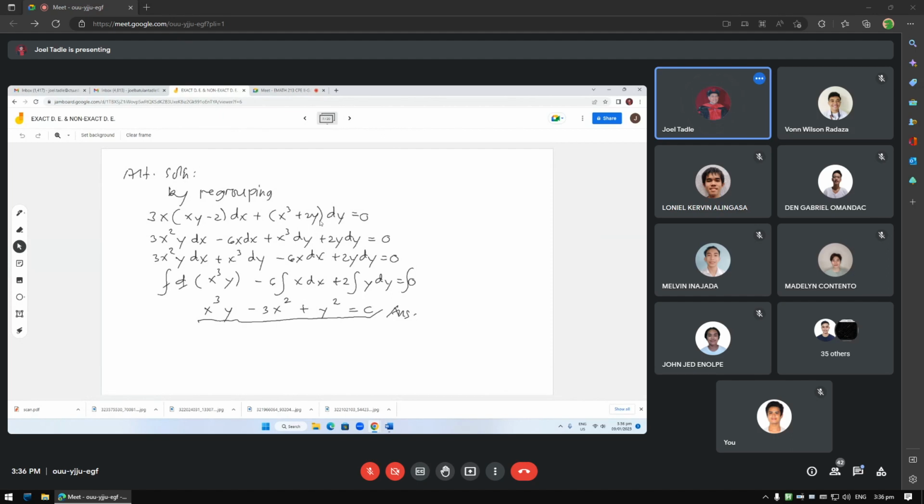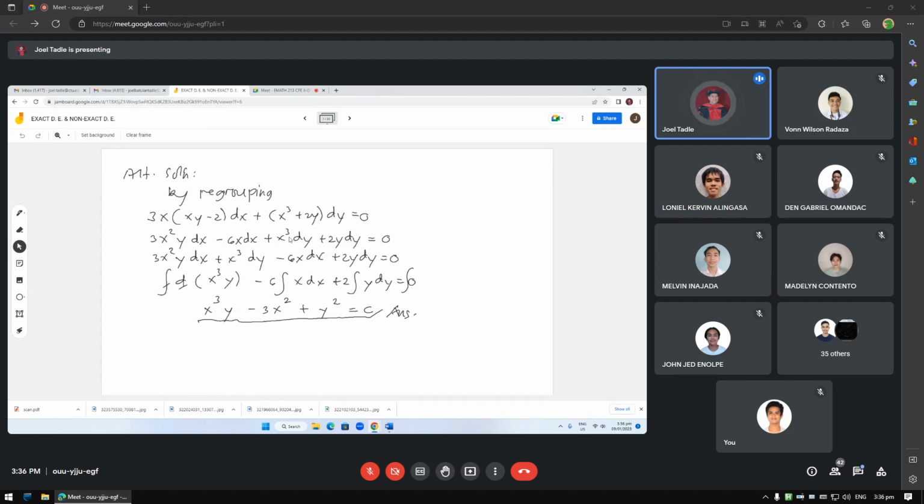So again, sa regrouping, ato sang i-distribute daan ang dx ug dy to the parentheses. Ikahuman atong pangitaon ang mga non-integrable terms, then atong i-regroup. So here, atong i-distribute, doon na kay 3x squared y dx, then minus 6x dx.